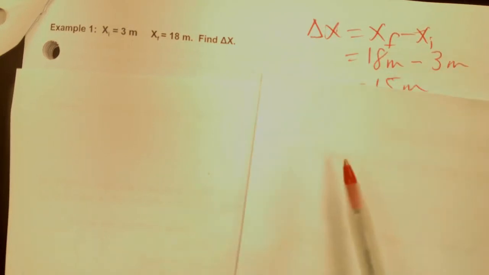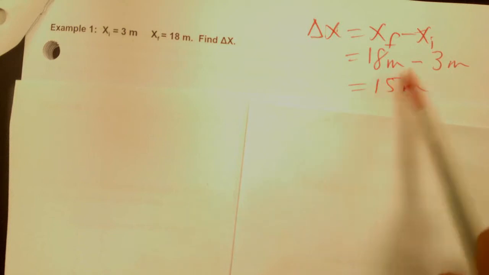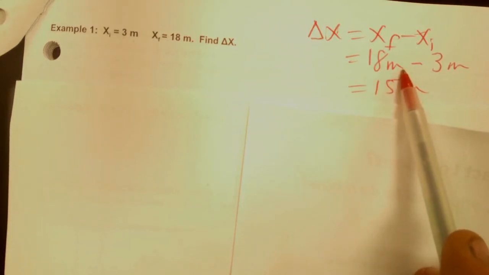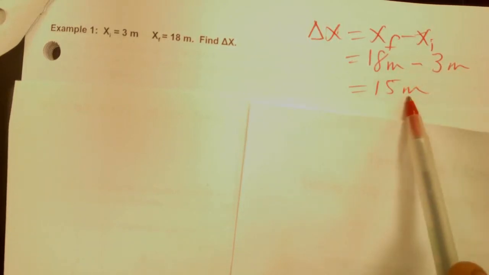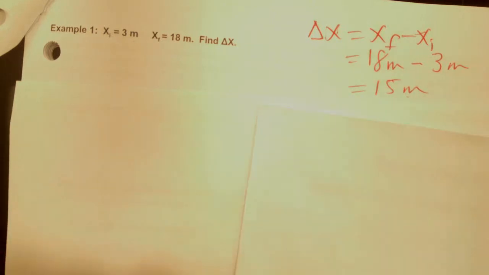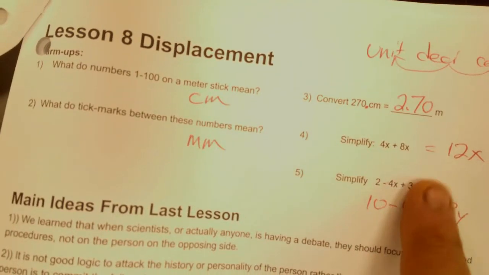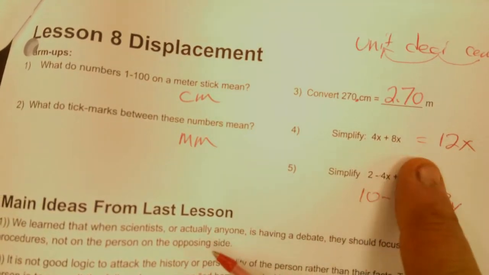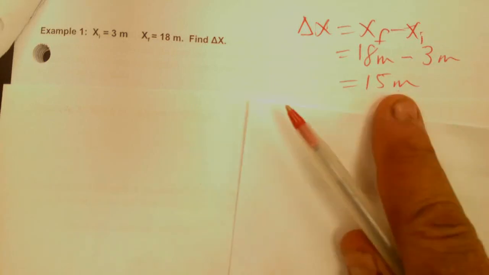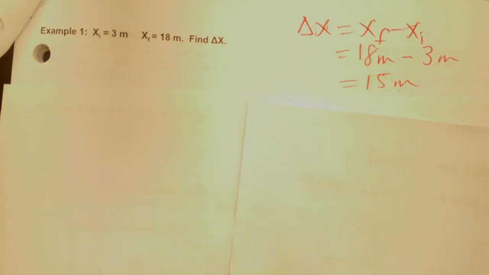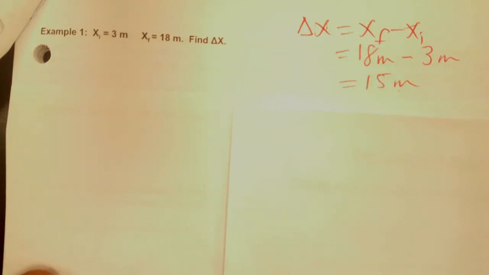When we do that math, the unit of meters does not change. Just like we had in the warm-up problem, where the x's did not change, the meters do not change. We just put the numbers, the 18 minus 3 is 15.